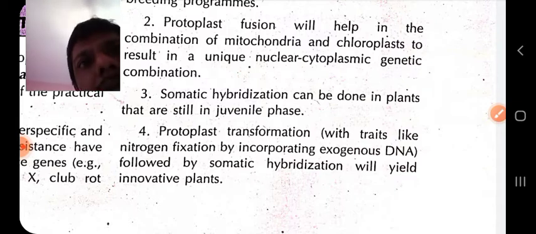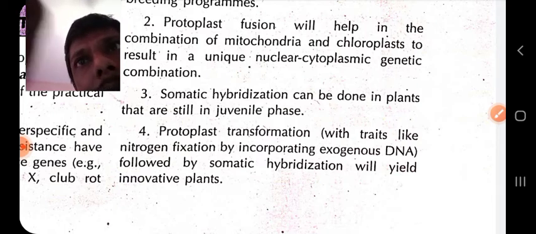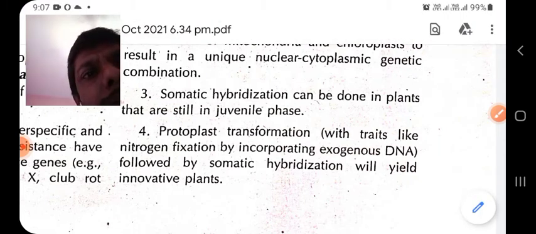We know some plants which can fix nitrogen, like leguminous plants, where they form a symbiotic relationship with rhizobium. This is a non-natural technique, by protoplast transformation, having traits like nitrogen fixation by incorporating exogenous DNA.